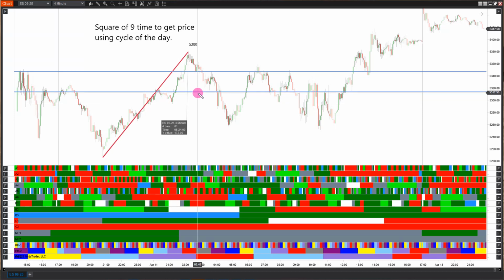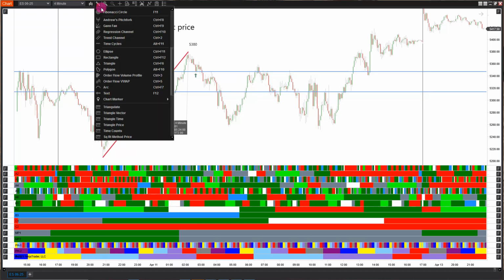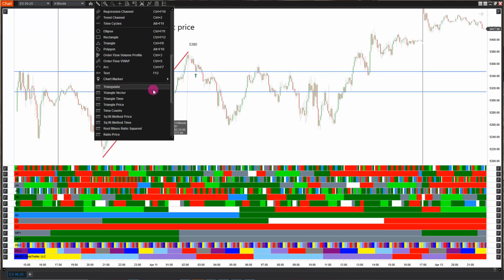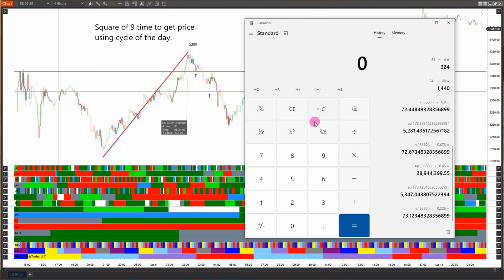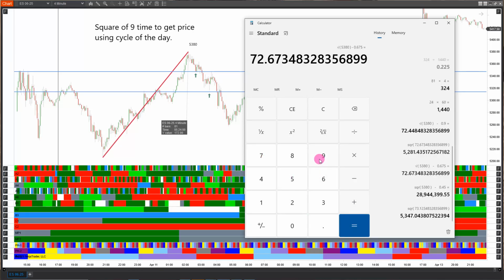So the first one was our initial push. The second missed hitting the target by a couple of ticks or so, maybe a point there. Number 2, and then we're going to do that one more time. Now we're going to take the 5380, square root that minus 0.675, which was our next harmonic.